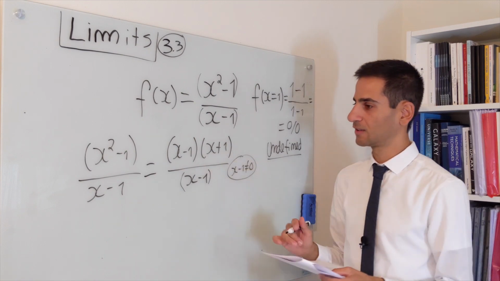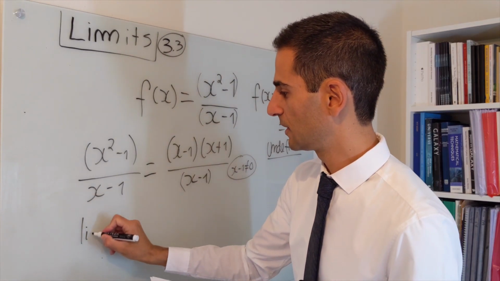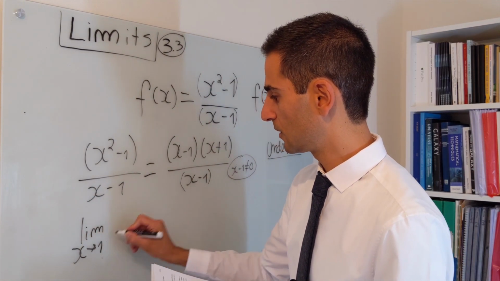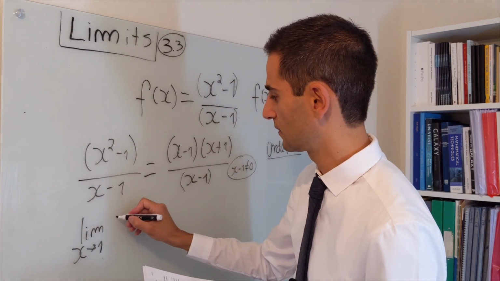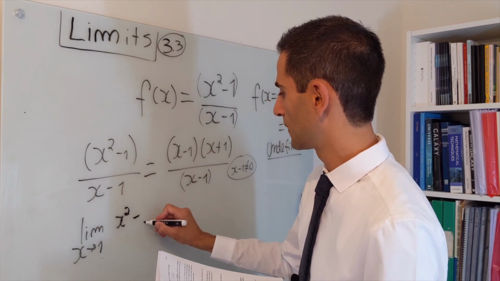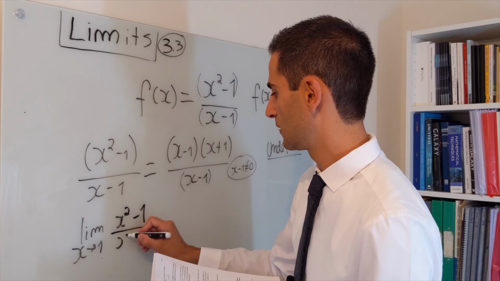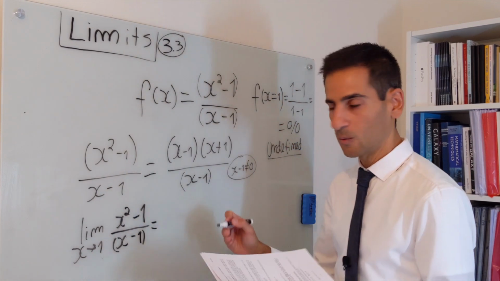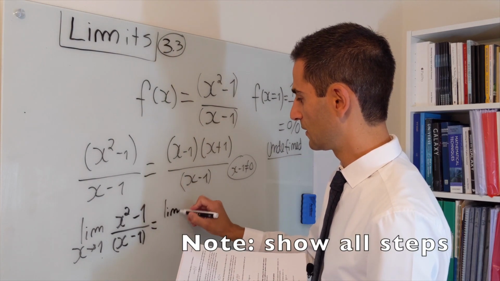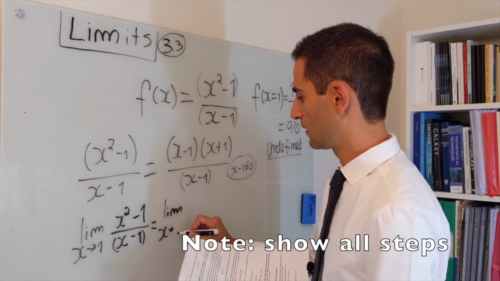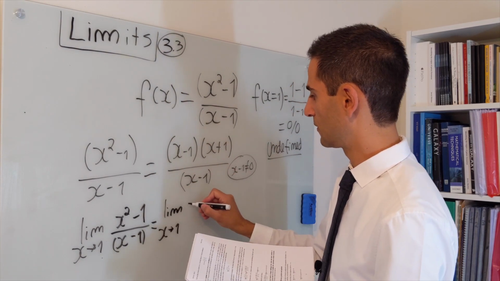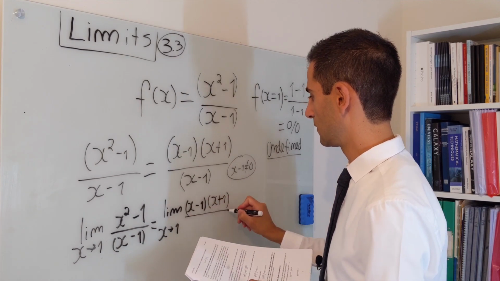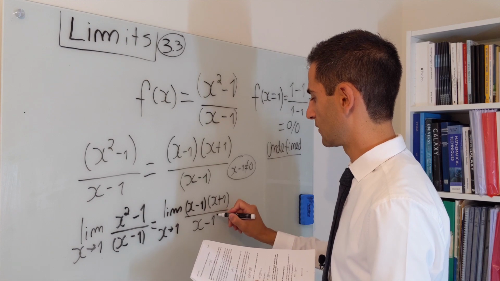So if we do this, then the limit when x tends to 1 of f of x, that's x squared minus 1 over x minus 1, will be equal to the limit when x tends to 1 of x minus 1, x plus 1 over x minus 1.